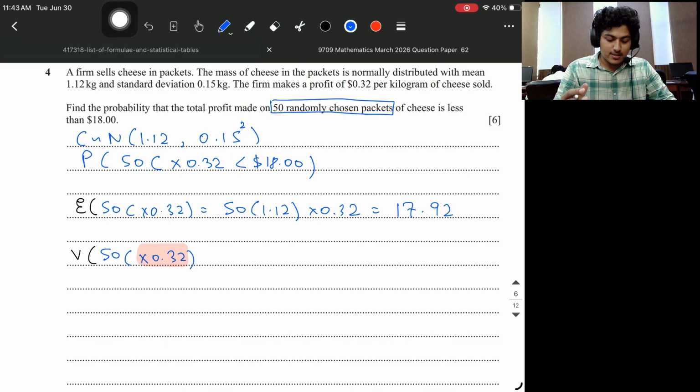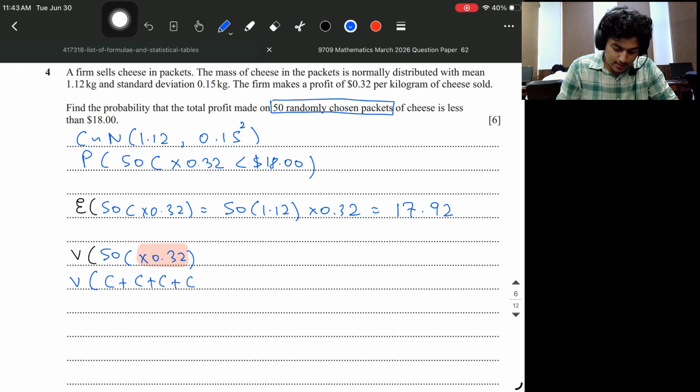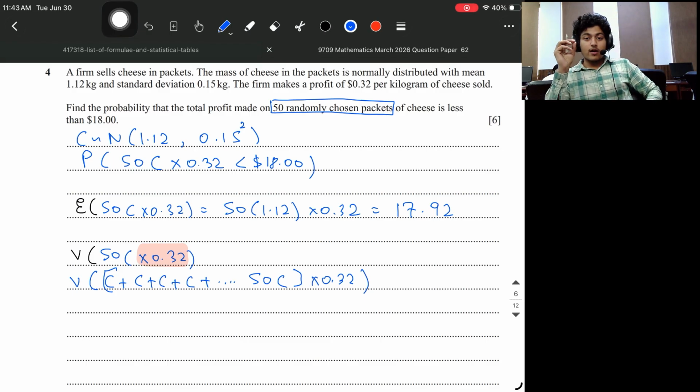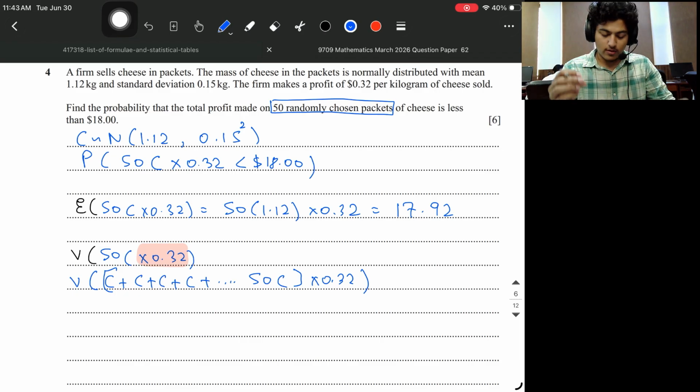They basically said that you need to add C plus C plus C all the way till you have 50C, and then multiply that by 0.32. Whenever we are multiplying things, those are the things that we square. Whatever is being added, we never square it in variance.